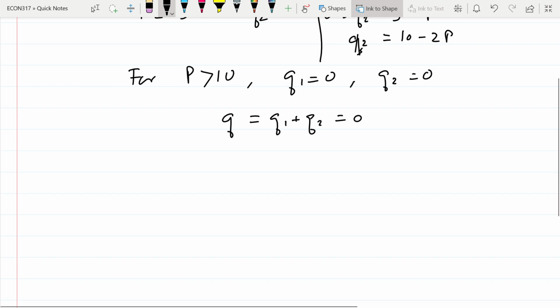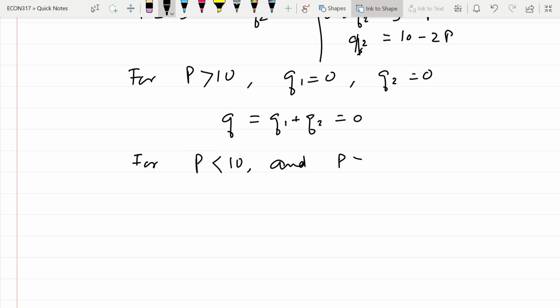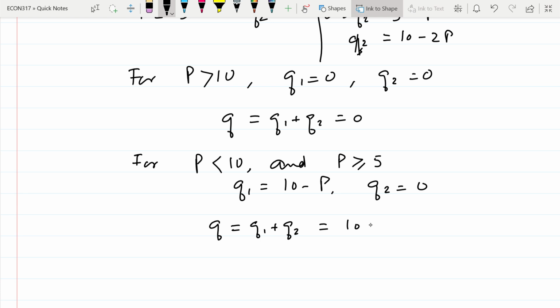For price less than $10 and $5 and above, we have Q1 given as 10 minus P. We know Q2 is 0, so the market demand, the sum of these two, is only the demand of the first buyer, 10 minus P.